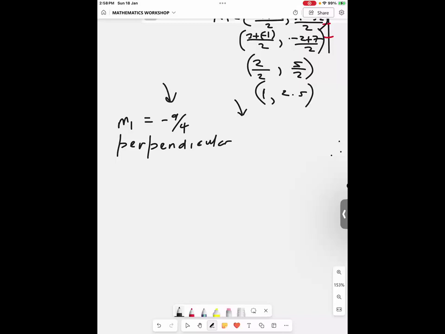So the perpendicular gradient, which is M2, is going to be equal to, turn the 9 over 4 upside down, you get 4 over 9. And because it was negative, when you flip it and change the sign, it becomes positive. So that's the rule, that's the shortcut.